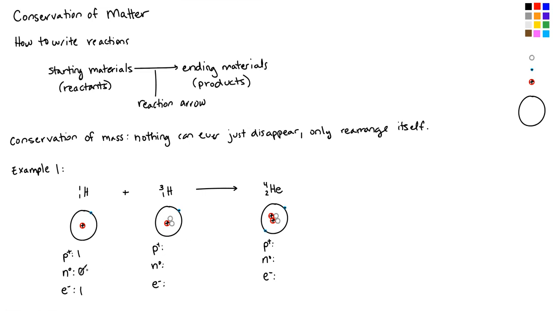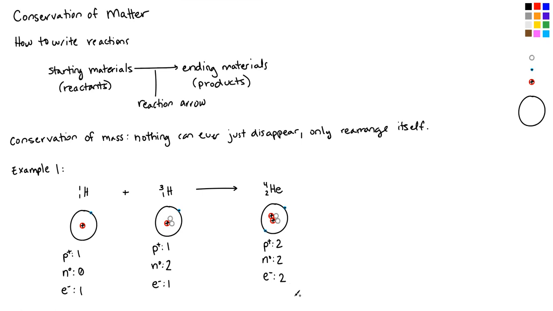Okay, I just draw a line through the 0 so that nobody thinks it's an O, which could happen at some point. So I'm going to draw a line through it sometimes. And then over here, we have 1 proton, 2 neutrons, and 1 electron. And then over here, I have 2 protons, 2 neutrons, 2 electrons.